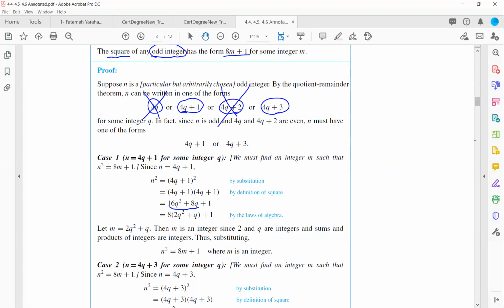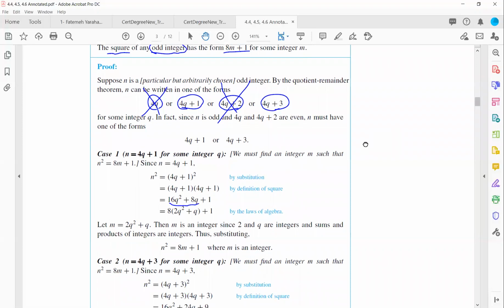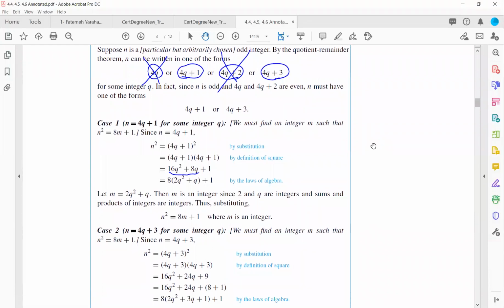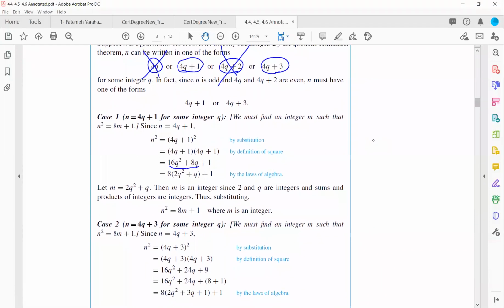What if n is 4q plus 3? If n has the format of 4q plus 3, and if we square it, 4q plus 3 times 4q plus 3, we get 16q squared plus 24q plus 9. 9 can be written as 8 plus 1.